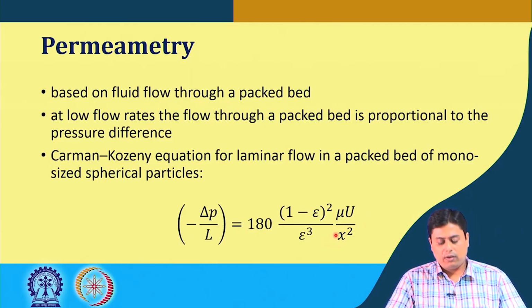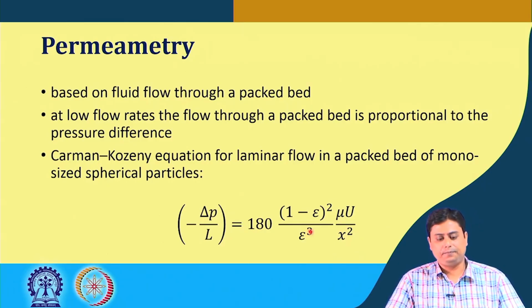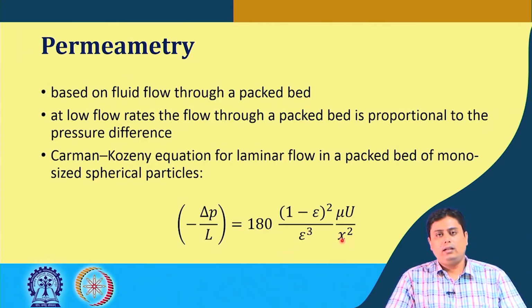You do it multiple times, you plot the graph, and you can find the mean value of x. In fact, if this is a mono-sized particle, the calculation becomes much easier: for a particular flow rate you estimate the pressure gradient across the bed, you use this relation and get the value of x, which is the particle size.